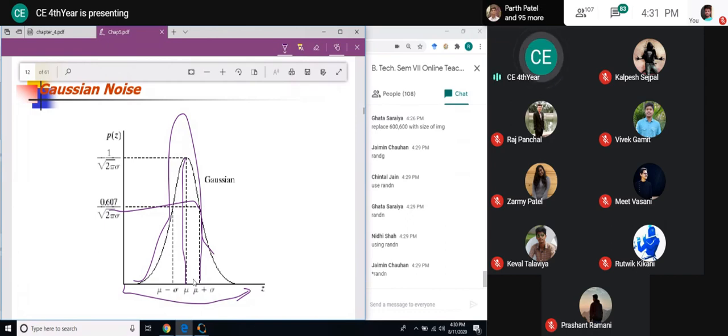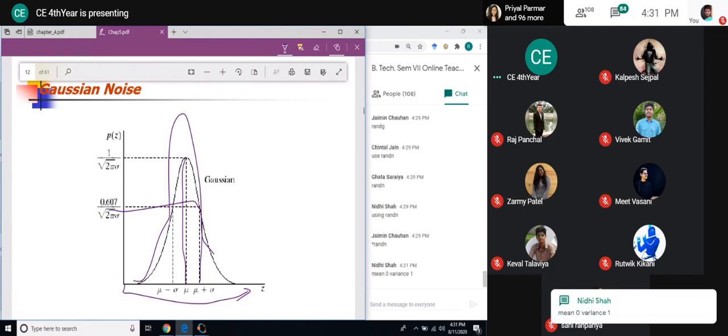Check your code, check the help. Randn gives a normalized distribution following what mean and sigma? Yes, mean 0, variance 1.